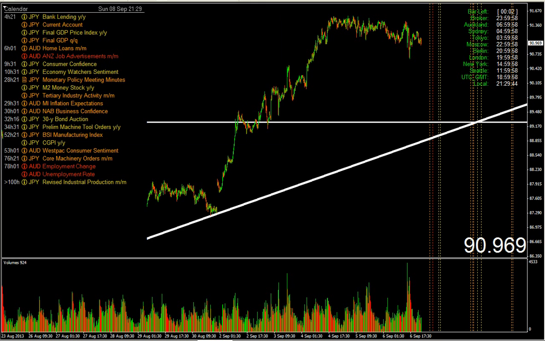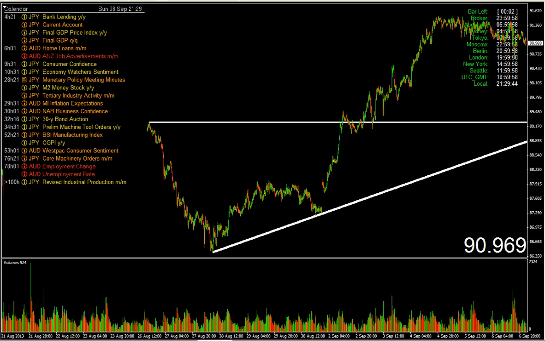Maybe I will hedge myself here with the high on Tuesday last week, so at roundabout 89.26, but now on the weekend we are at 90.96, so 150 pips above.